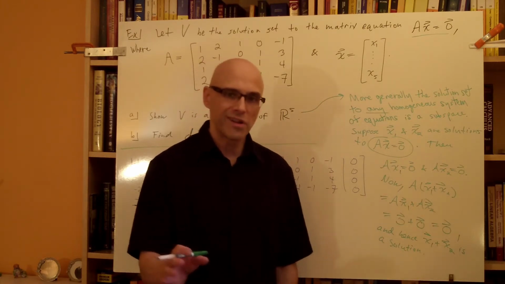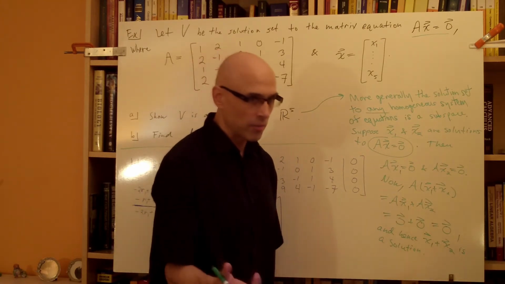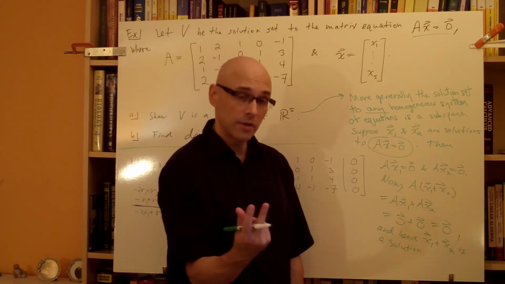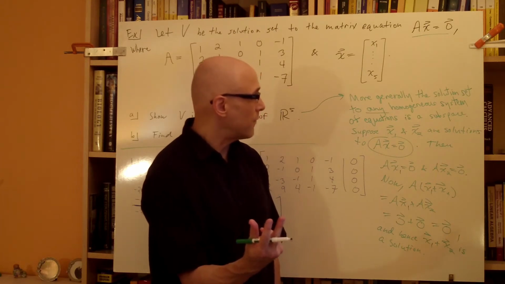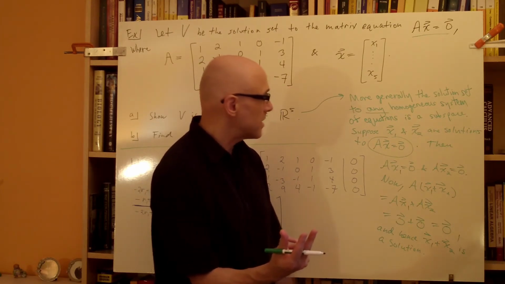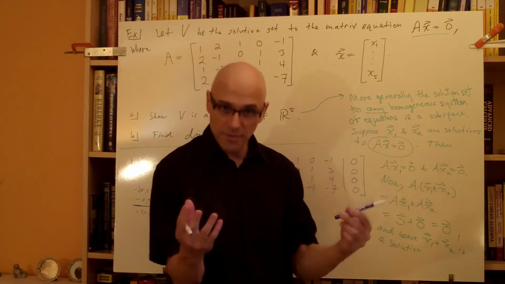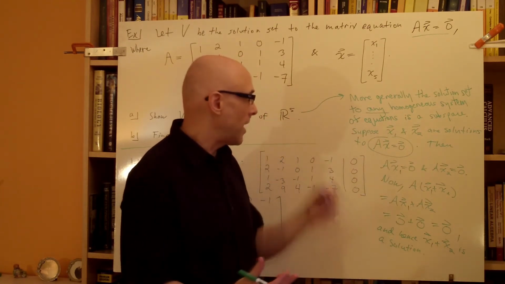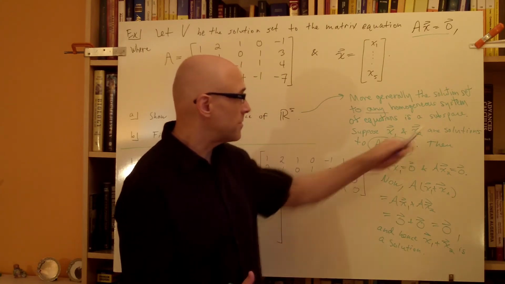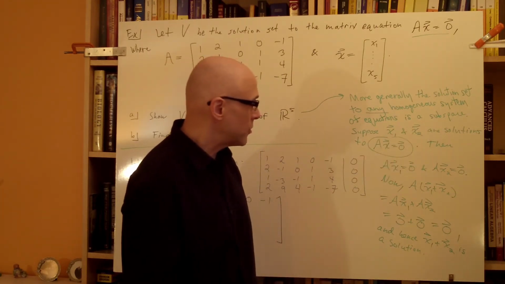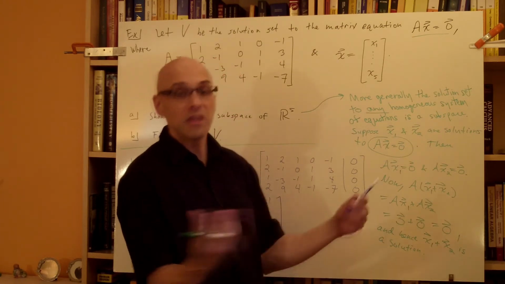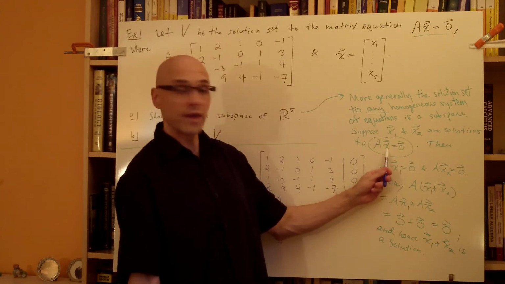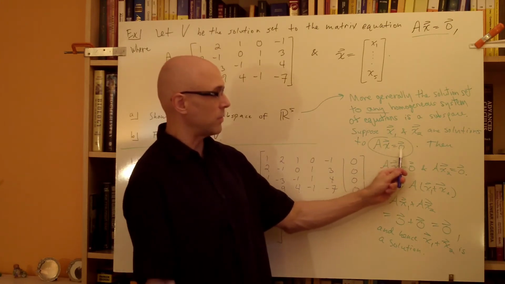All you have to do is then show in a similar way that it's closed under scalar multiplication, and you have the two closure properties nailed down. The last thing you formally have to do to make the case that the solution set is a subspace is just to make sure that it's not the empty set. A subspace must, for instance, at least contain the 0 vector. But that's easy. If you let x be the 0 vector, clearly A times the 0 vector will equal the 0 vector.